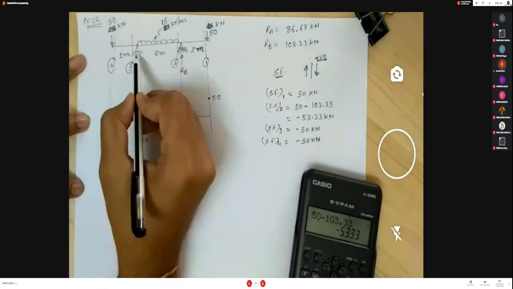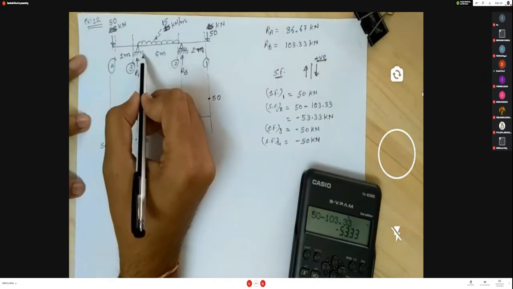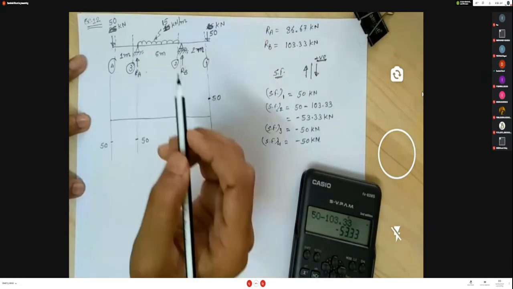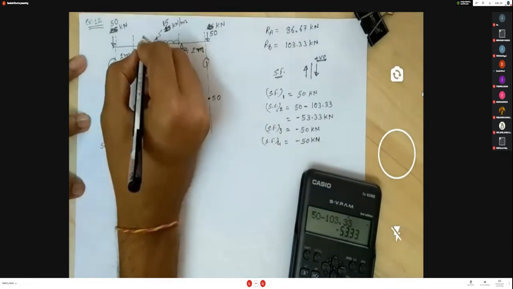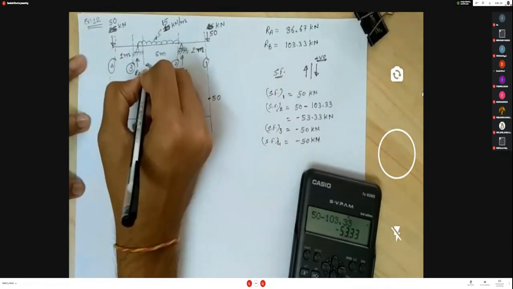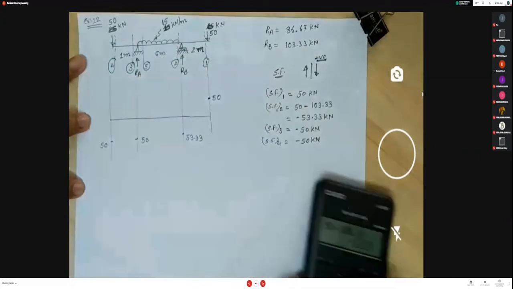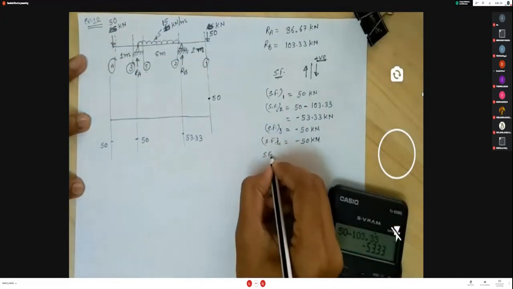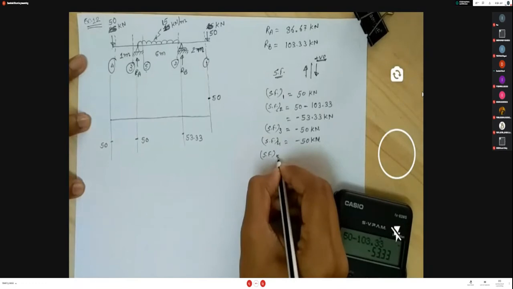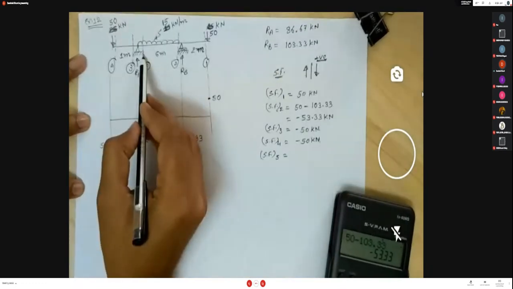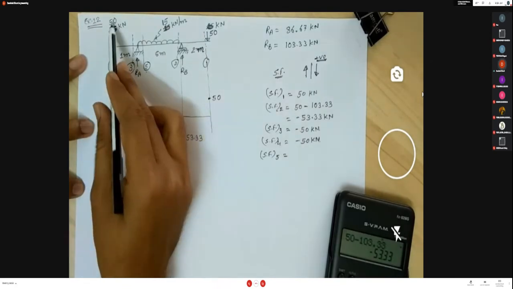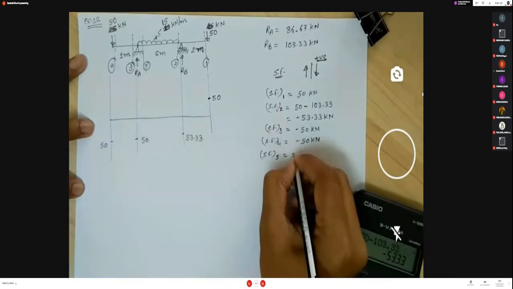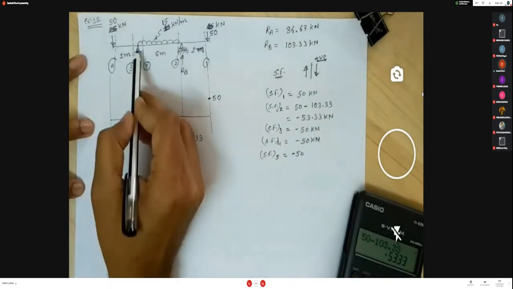Now if you consider just right of that, you can also get another value of shear force. Now consider the left hand side portion of section 5. So you get this 50 downward, so minus 50 load, and this reaction RA is upward.